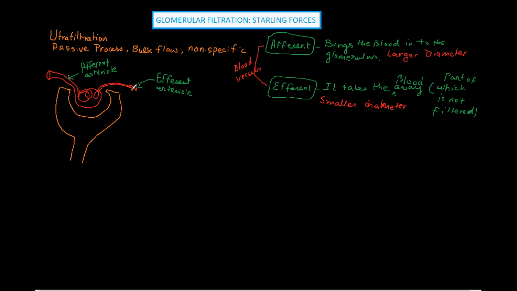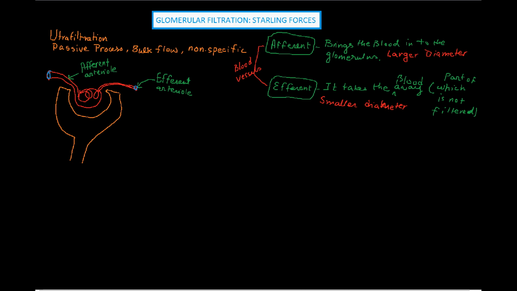I've shown in the picture, in blue so it's visible, that the diameter over here is smaller. We have to keep that in mind as we understand the process of glomerular filtration. That's the basic difference between afferent and efferent.